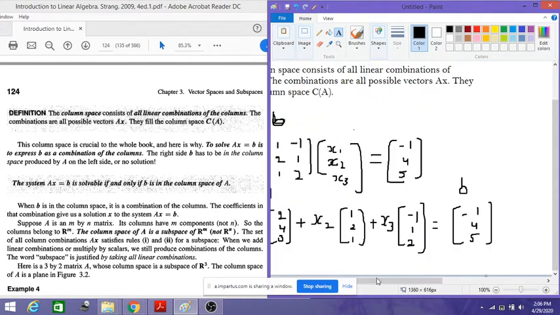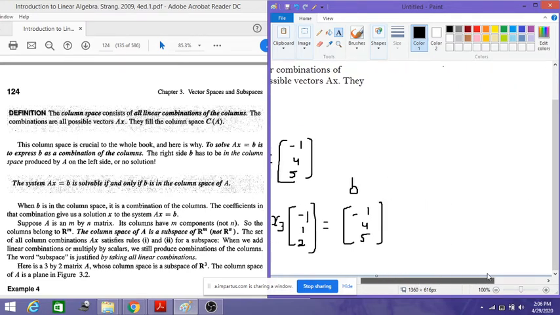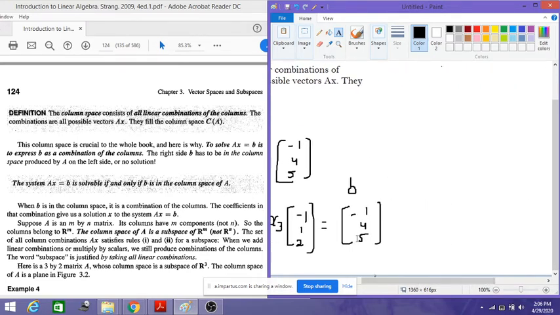If we write these into some plane or space, all these are the columns of A. If all these columns of A are in some space, then b should also be in the same space. If it is not in the same space, then we cannot find the solution. That is the definition.